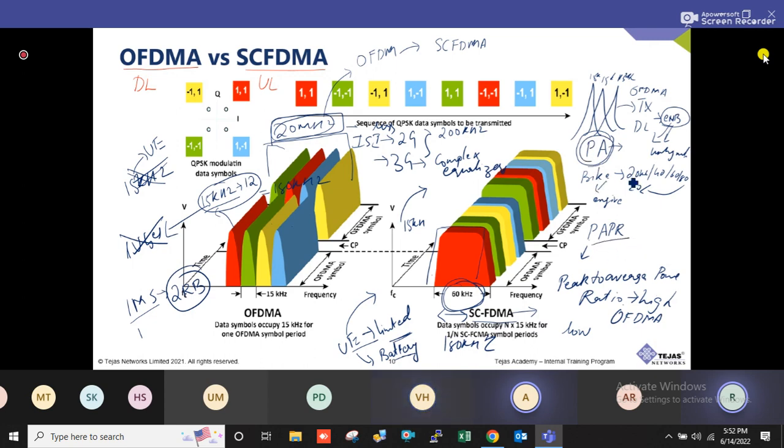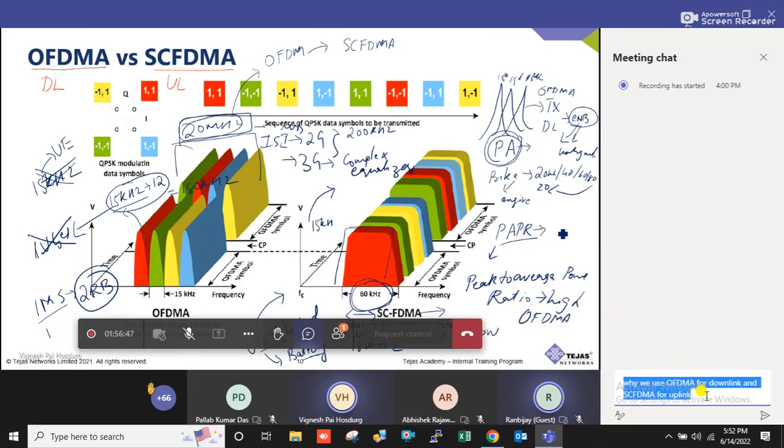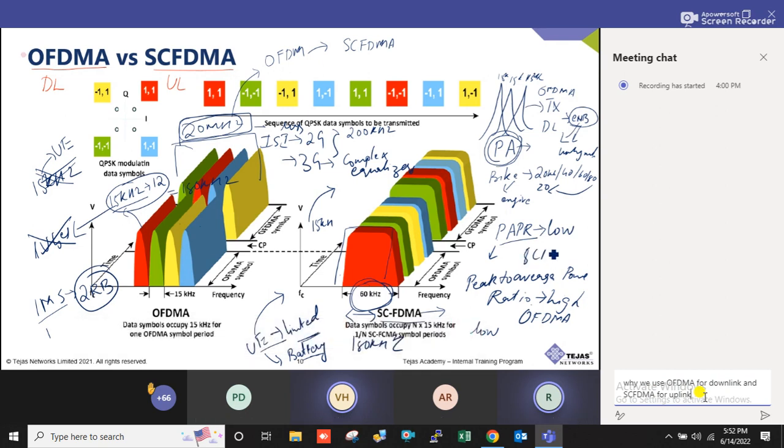Even though PAPR is high, it can counter all these ISI effects. So that's why we have gone with OFDMA. So OFDMA in downlink, SCFDMA in uplink because PAPR is low. SCFDMA is more power efficient. I can mention it like this, it's more power efficient when compared to OFDMA.